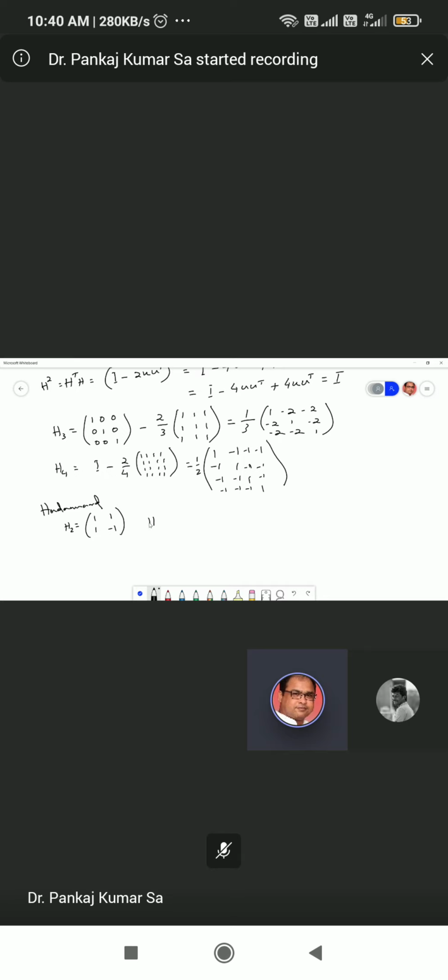For the fourth order, this actually becomes H2, H2, H2, minus H2. The same thing, huh? Look at this. In place of 1, I'm writing H2, and in place of minus 1, I'm writing minus H2.